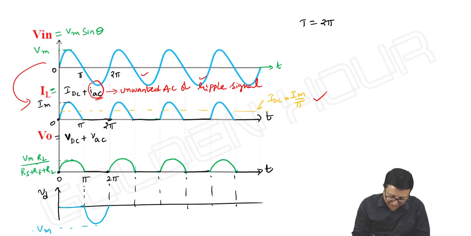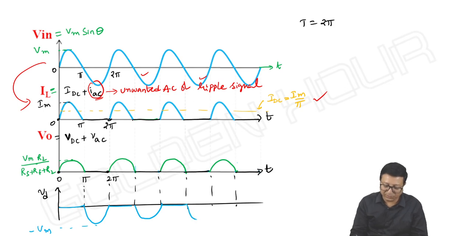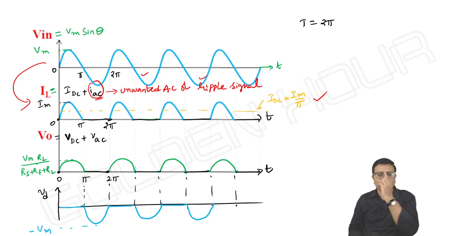Its peak amplitude minus. Again positive half cycles, almost the diode voltage is 0. Practically there is small voltage around 0.7, some drop across RF. Again negative cycles, the entire secondary voltage can be seen. Again positive cycles, diode voltage is 0. Negative cycles, the entire secondary voltage can be seen across the diode.